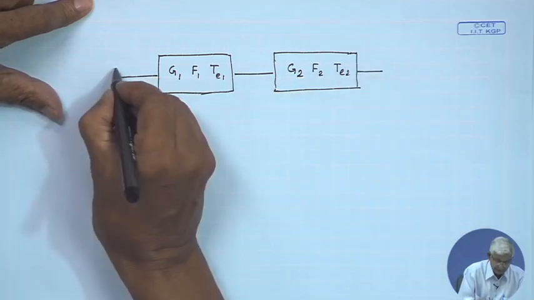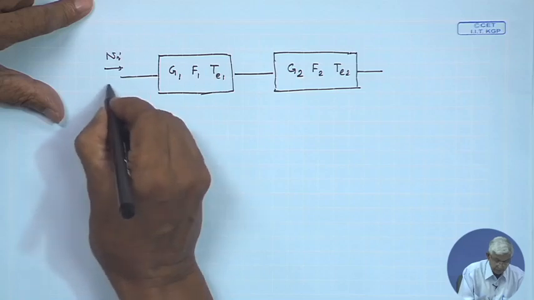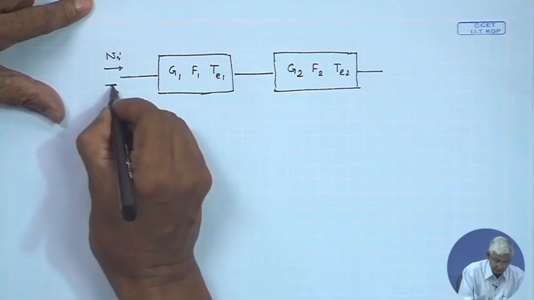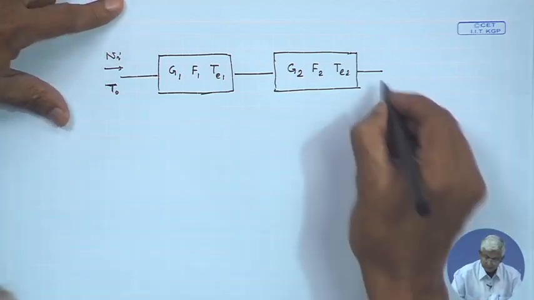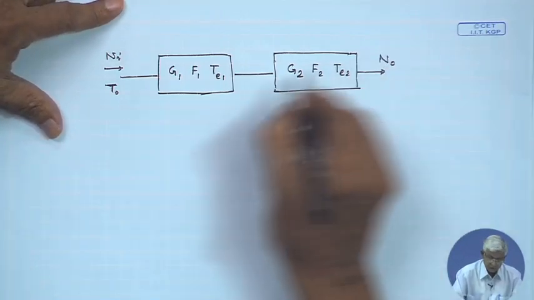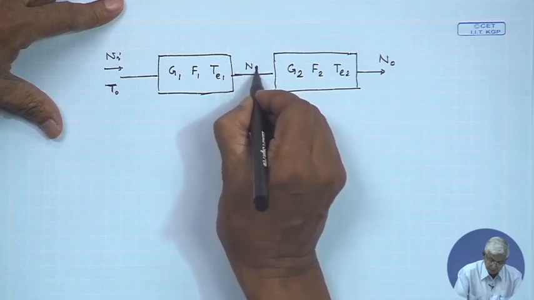These two are cascaded, where there is a noise power coming at the input with the normal temperature of T0, and this goes out as a noise power NO. For the first stage, the output noise power, let us call N1.